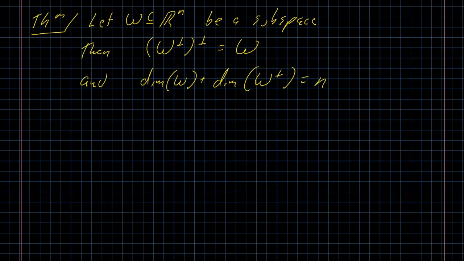The other thing I want to claim here: if you take the dimension of vector space W and the dimension of its orthogonal complement, together you get n, the dimension of the Euclidean vector space we started in. This one should make sense to you based on the example we did.